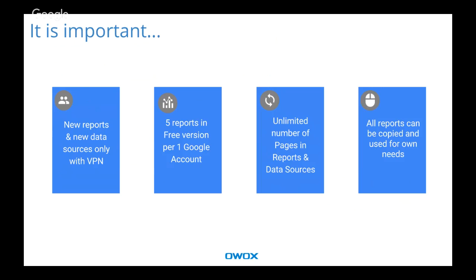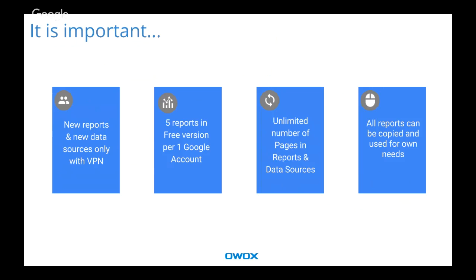For example, if you find some interesting and useful report, in your opinion, in the Google Data Studio gallery, which I will show in several minutes, and you would like to use it for a business, you just copy the report, and you can customize it as you like, and you can connect your own data sources, and this way you build what you need much faster. So you don't need to create reports with the metrics set that you want just from zero.